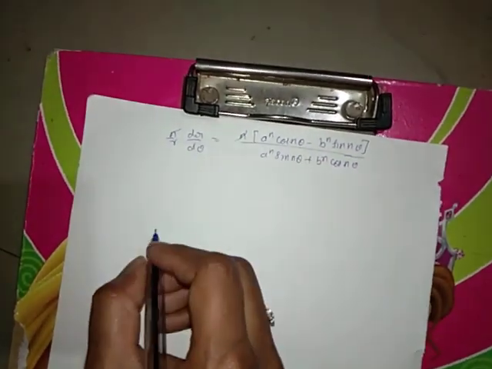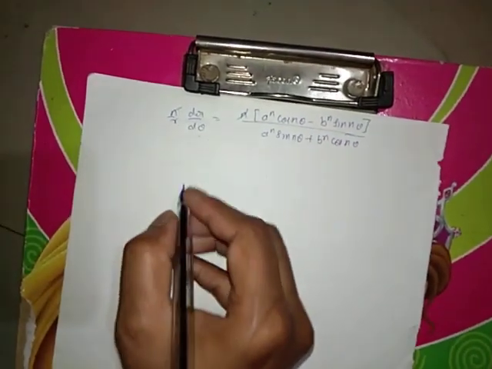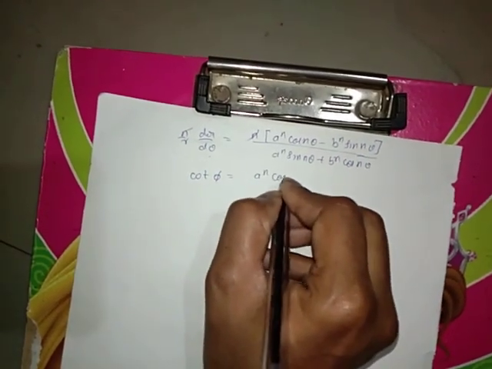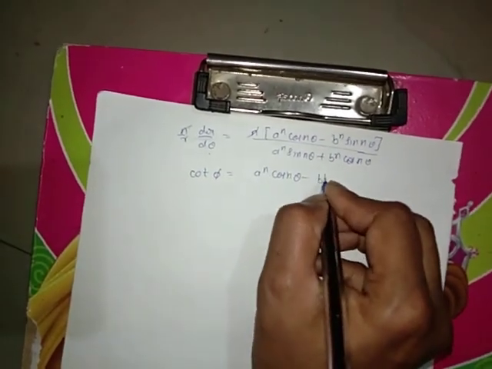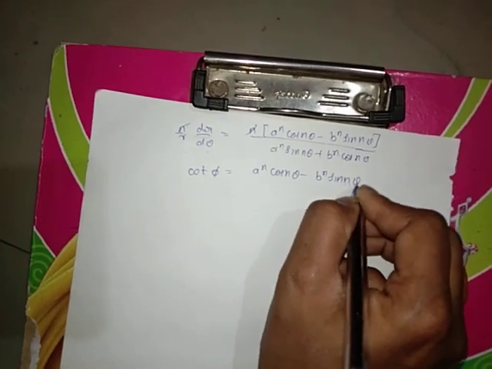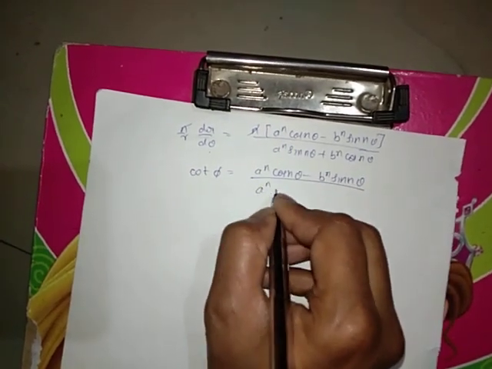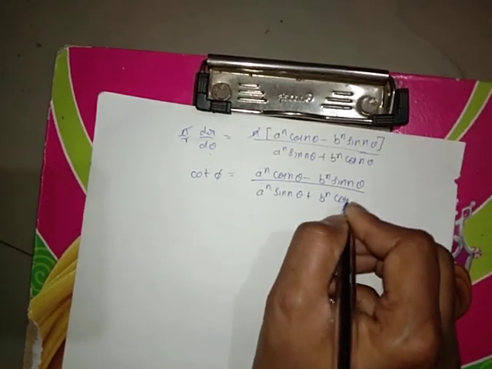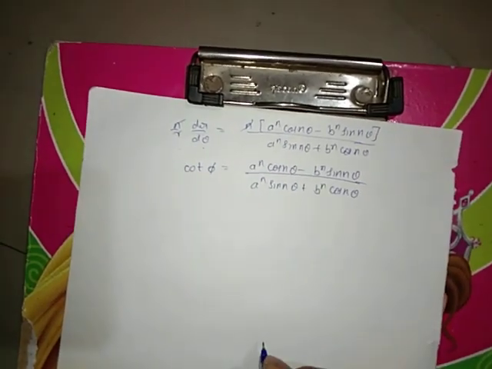Cancel n on both sides. 1 by r dr by d theta equal to cot phi equal to a raised to n cos n theta minus b raised to n sin n theta divided by a raised to n sin n theta plus b raised to n cos n theta.